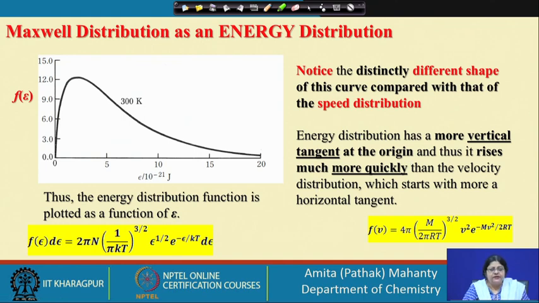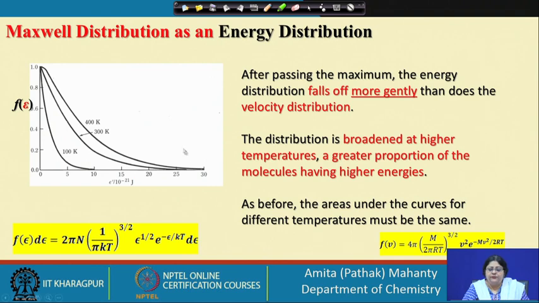So, the energy distribution function rises at a much higher rate near the origin, meaning that you have a vertical line instead, which is otherwise for a velocity distribution much more horizontal. It will be looking something like this, the curve is like this. Okay? So, the shape of the curve is not the same.